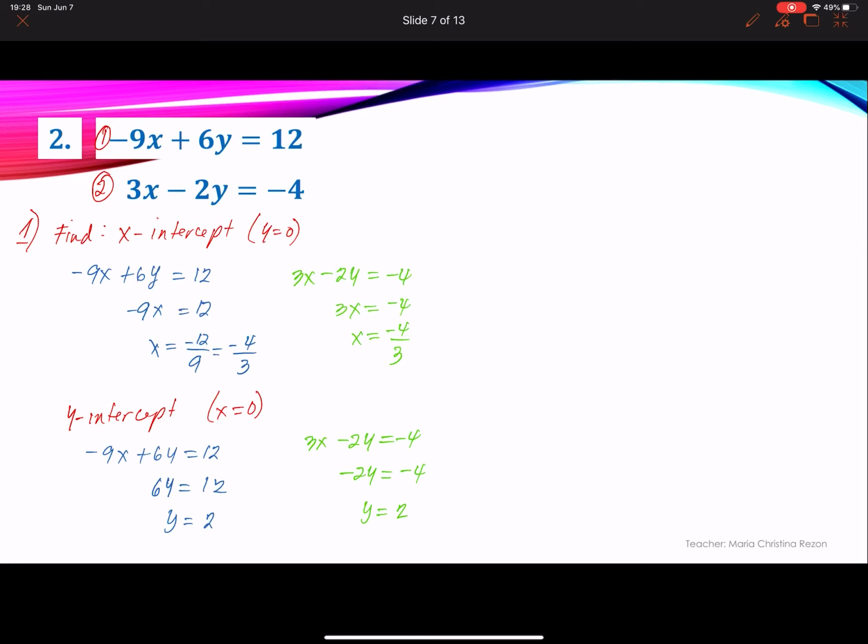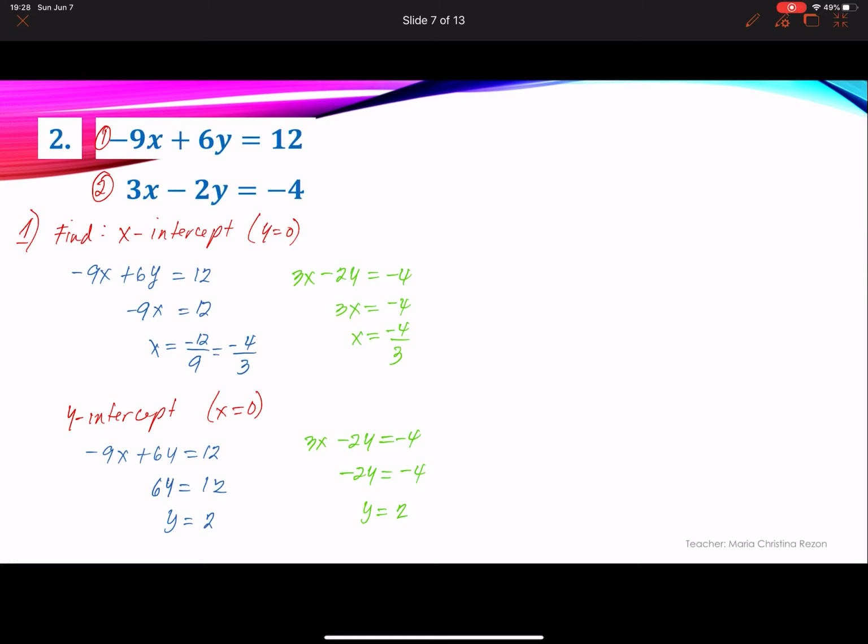But actually, the first equation, if you are going to divide this by negative 3, you will be able to get 3x minus 2y is equal to 4. Actually, these two equations are equivalent equations, but I want you to see how to do the graphing method, okay?